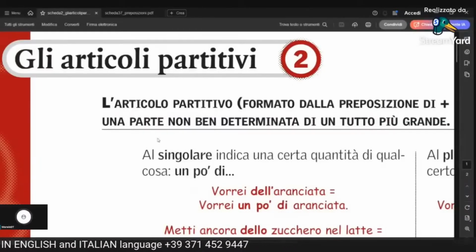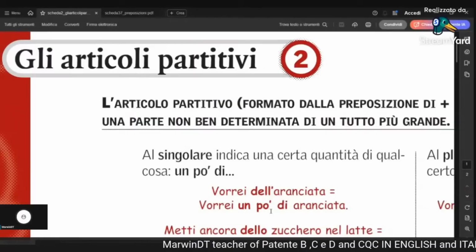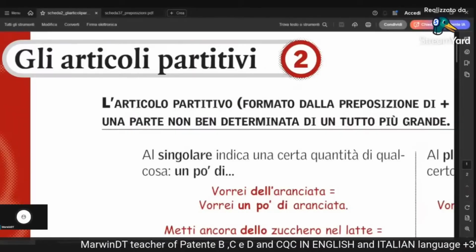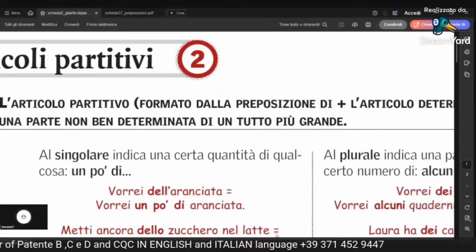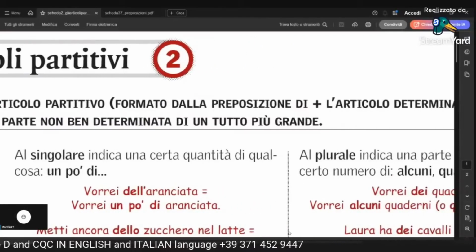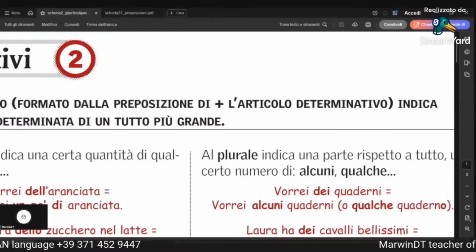Welcome guys, now we are on G, articoli partitivi. What are the articoli partitivi? Allora, l'articolo partitivo è formato dalla preposizione di più l'articolo determinativo.